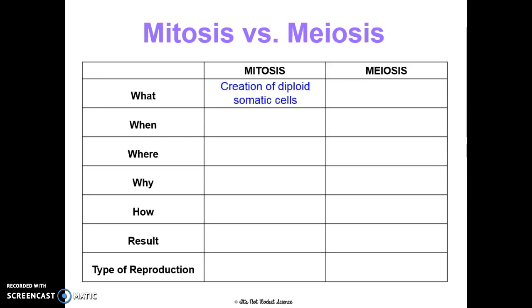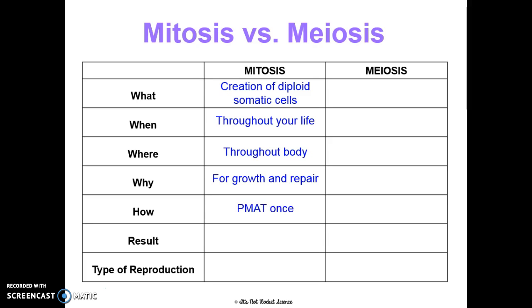Mitosis is the creation of diploid somatic or body cells. It happens throughout your life, all throughout your body. It's all about growth and repair, right? You're growing or repairing dead cells or cells that you've lost.